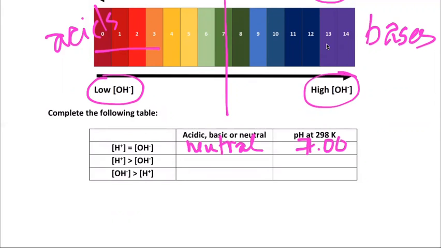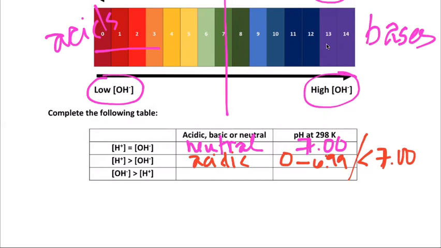If it is hydrogen ion greater than hydroxide, what's that one going to be? Acidic? Yep, that one will be acidic. And here I would say that it's 0 to 6.99, or some people will just say less than 7. You can write it either way, okay?